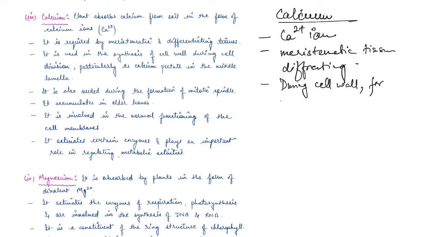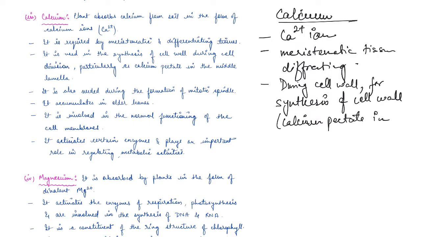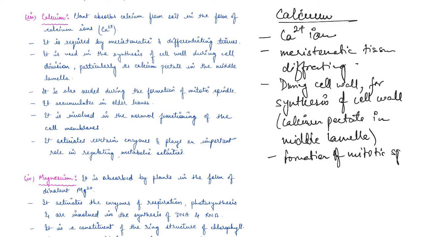for synthesis of cell wall, then specially as calcium pectate in middle lamella. Then they are required in very important formation of mitotic spindle, right?